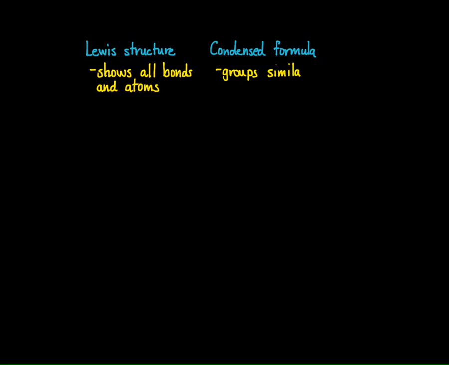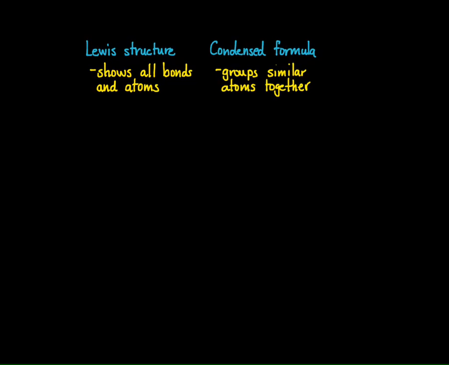The first one, obviously, is the Lewis structure, which we've already looked at, right? So Lewis structure shows all bonds and all atoms, right? Now, a condensed formula takes that Lewis structure and groups similar atoms together, right?